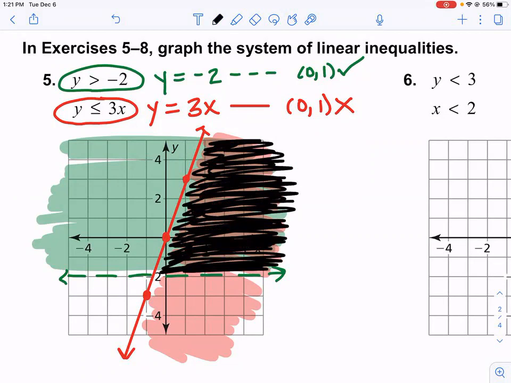The red shading satisfies the second inequality. But where they overlap, that's where they satisfy both. Those are the coordinates that I'm interested in. So when I'm looking at your picture, I need to tell a distinct difference in this area that this is darker than the rest.